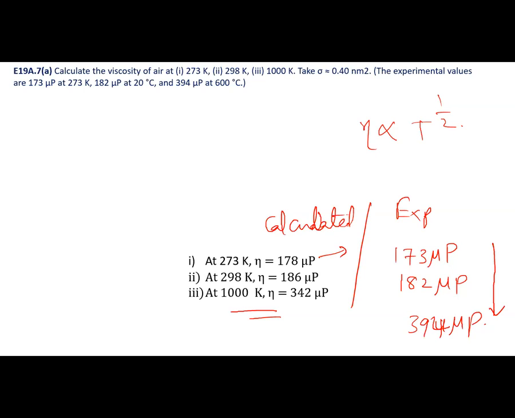However, at 1000 Kelvin, which is approximately 770 Celsius, it's 342, but experimentally 394 micropoise is determined at 600 degrees Celsius. So maybe at a higher temperature this equation doesn't hold good, and we need to do a lot of other approximations to make sure that our equation is accurate at all temperatures.